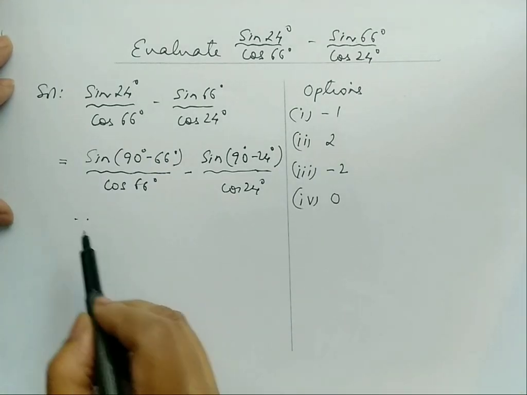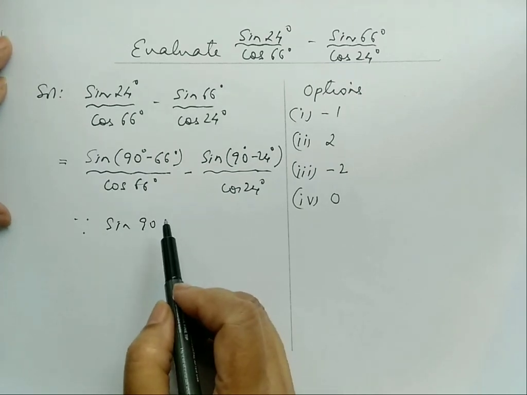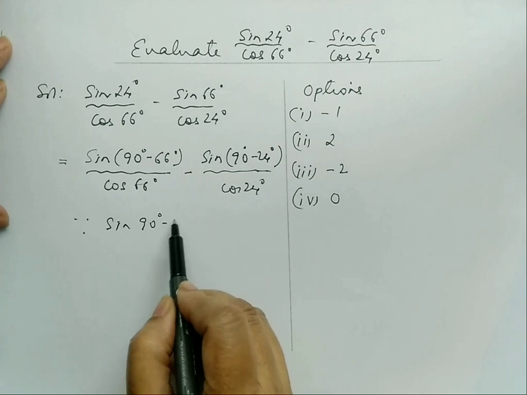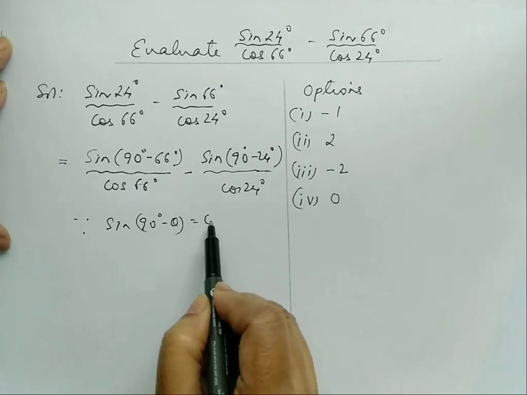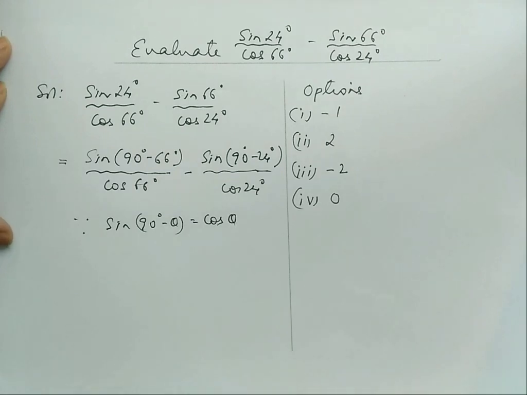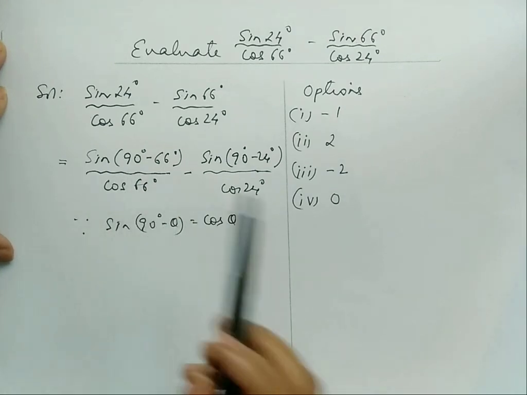Now, since we know that sin of 90 degrees minus any theta would end up being cos theta, this is as per the complementary angles of trigonometric ratios, correct? Now we go with the same principle in this case.